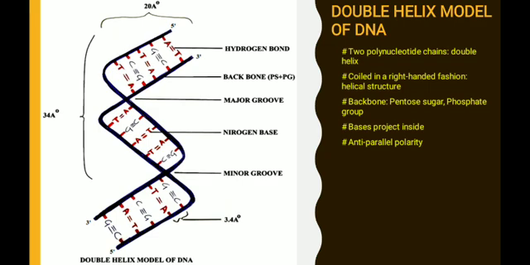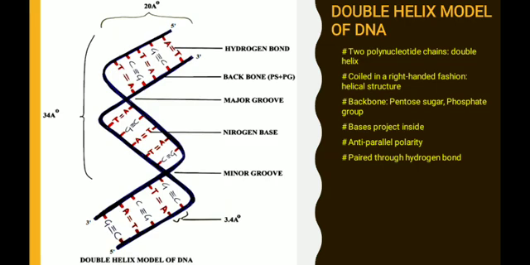That means the two strands of DNA are running in opposite directions. One strand is running in 5' to 3' direction and another one is running in 3' to 5' direction. And this kind of arrangement is called anti-parallel polarity.